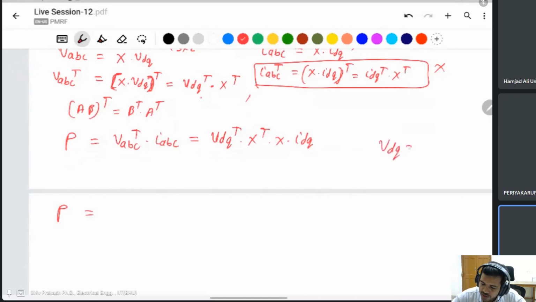VDQ is like that, VD and VQ, and the transpose of this one is VD and VQ.